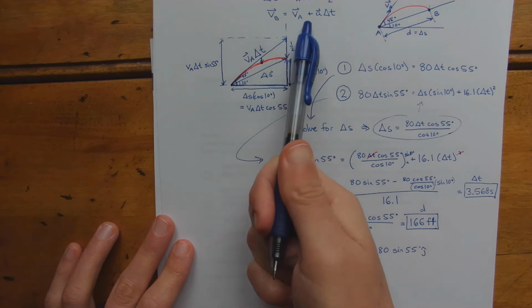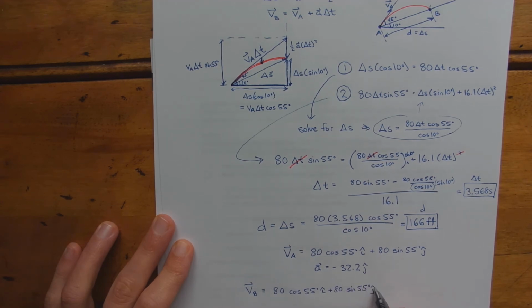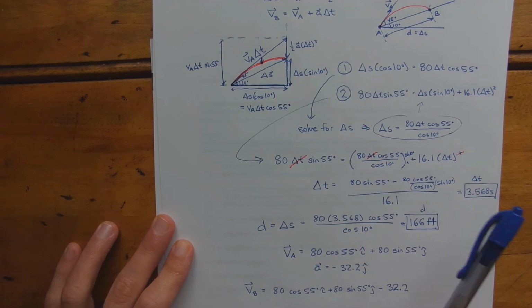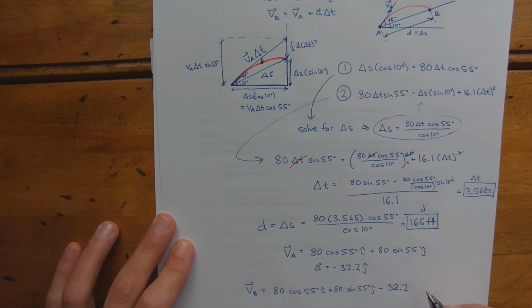So using this equation, I have VB is equal to VA, which is 80 times cosine of 55 degrees in the i hat direction, plus 80 times sine of 55 degrees in the j hat direction, minus 32.2 for the acceleration, times delta t, and delta t is 3.568.